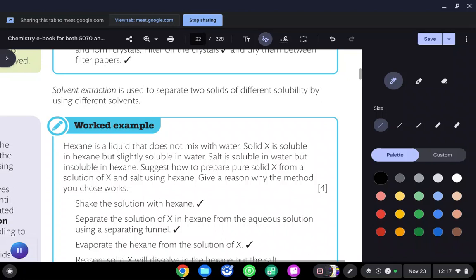That is why solvent extraction is one of the techniques you must be aware of. Solvent extraction is used to separate two solids of different solubility by using different solvents. Did you get it?